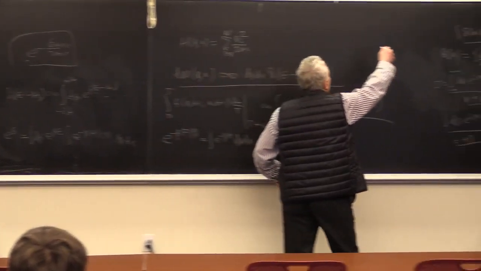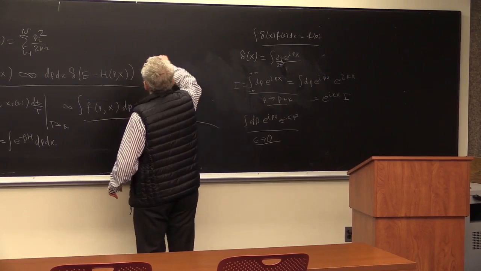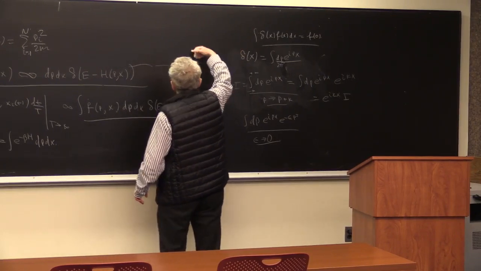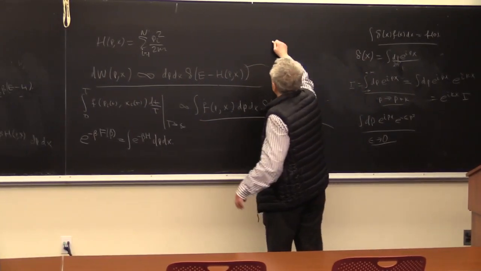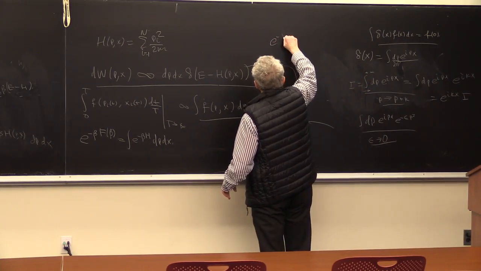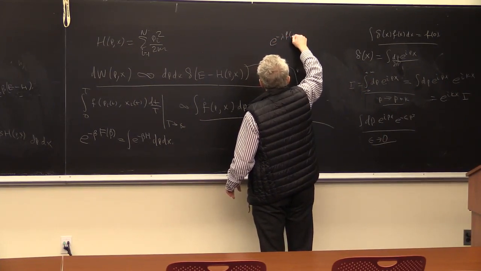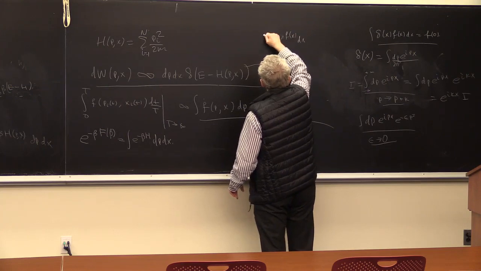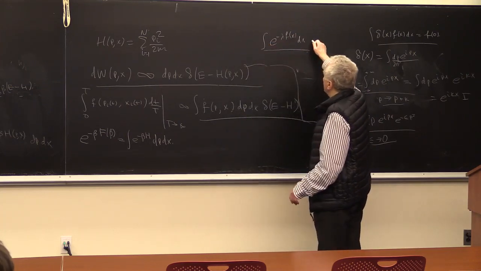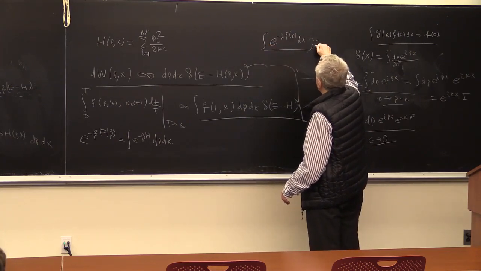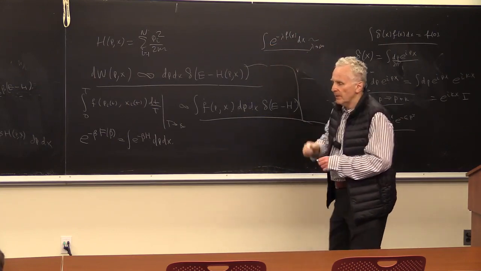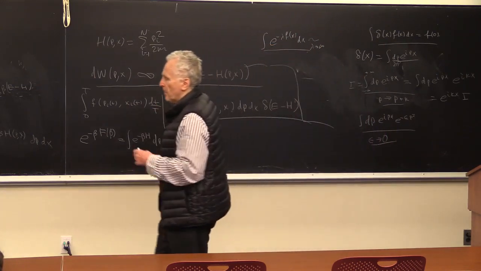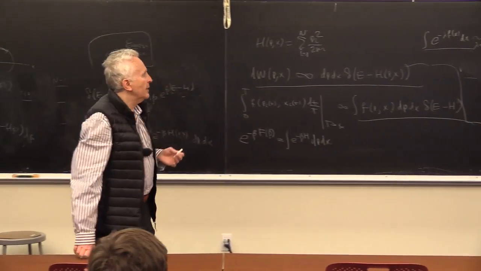Again, I will not go into much mathematical detail. Suppose you have an integral of this form, and you are interested in the asymptotic limit when lambda goes to infinity. How do we evaluate this integral?